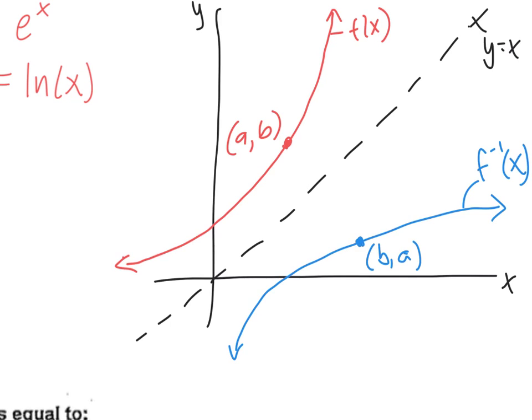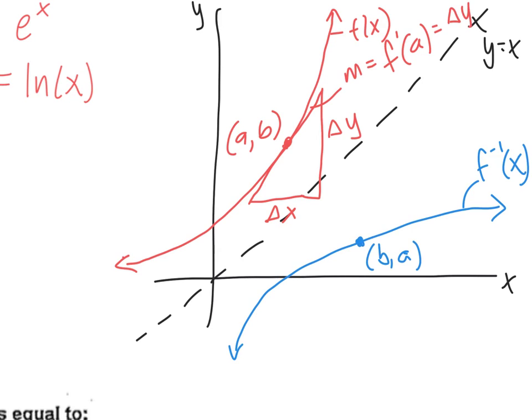So I'm going to draw a tangent line right here, and a triangle, because when we measure the slope of this tangent line, we take the change in x and the change in y. To denote the slope of this line, we take f prime of a, the derivative at a, and that's equal to the change in y divided by the change in x.